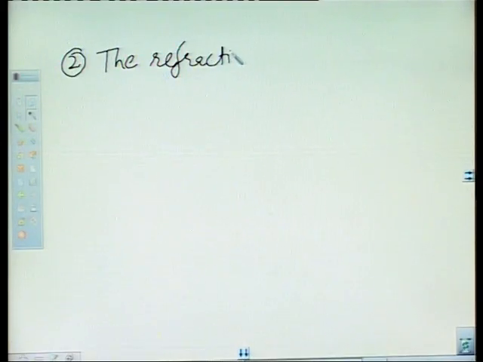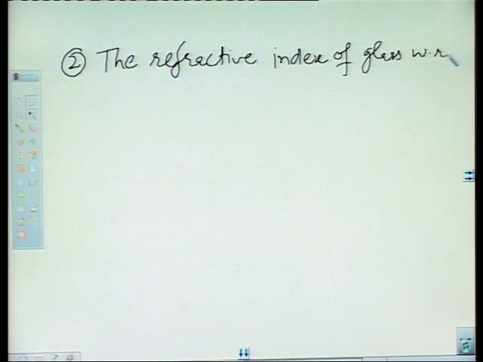Now the next numerical is: the refractive index of glass with respect to air is 3 upon 2.